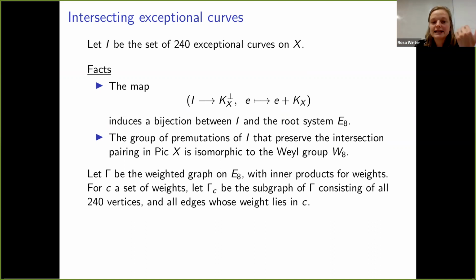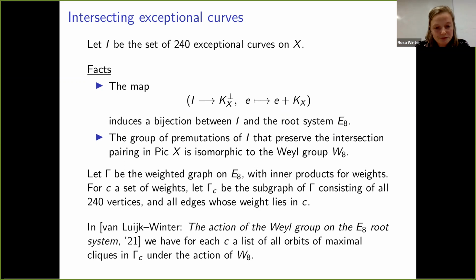And then if you take a set C of weights, we define gamma C to be the subgraph consisting of all 240 vertices, but only the edges with the weights in C. Then in another paper with Ronald van Luijk, which was published this year, we study the action of this Weyl group on this graph gamma and on these graphs gamma C, and we show a lot of results on the action of this Weyl group on subgraphs, transitivity results.